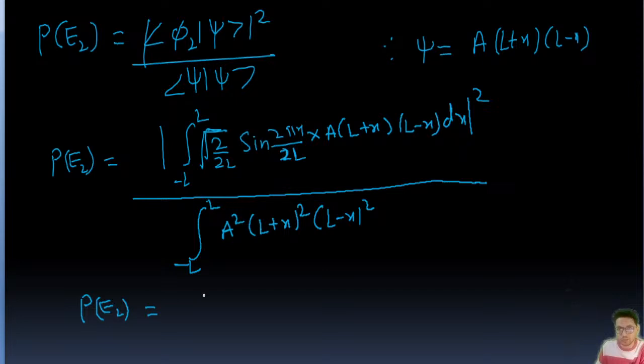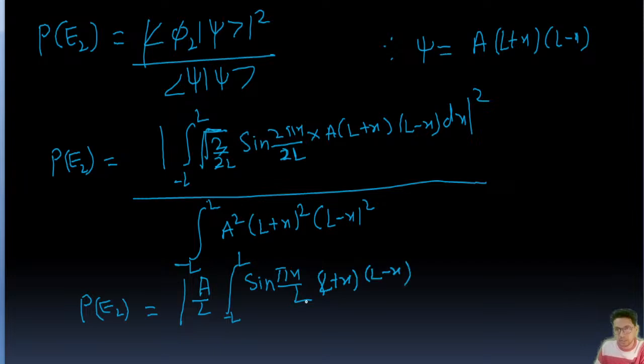So 2 gets cancelled, 1 upon L mod integration from minus L/2 to plus L, and this is going to be sine πx upon L into a upon L, (L plus x)(L minus x), upon this term, integration from minus L to plus L of a² (L plus x)² (L minus x)².